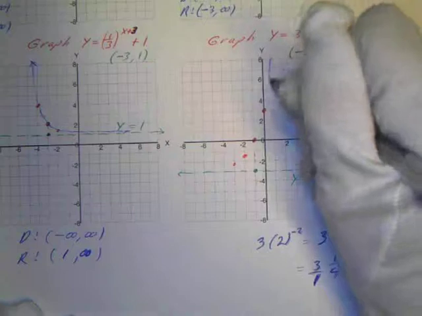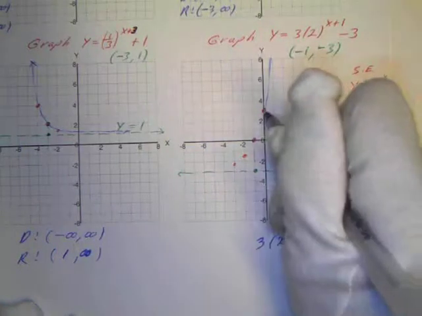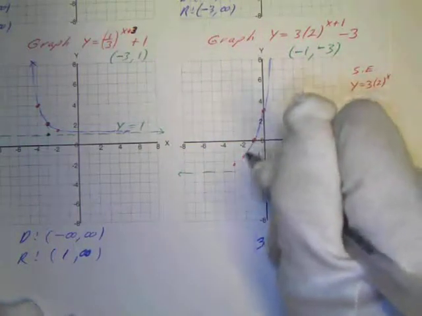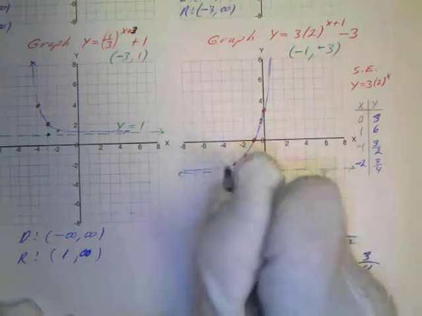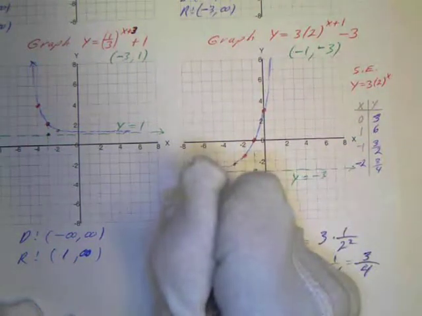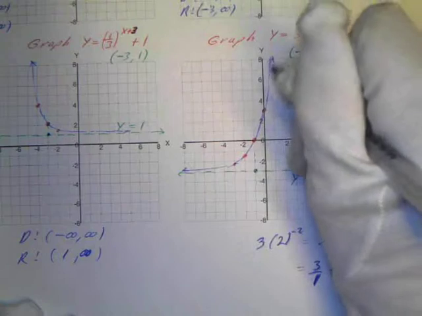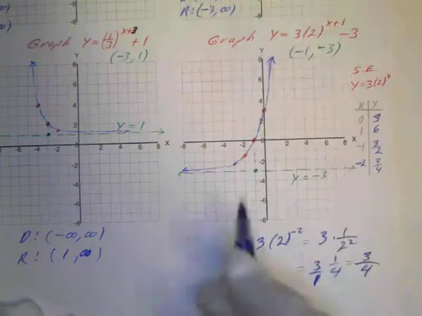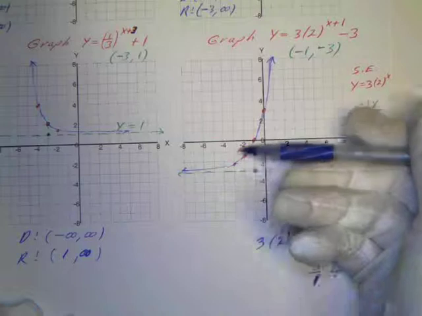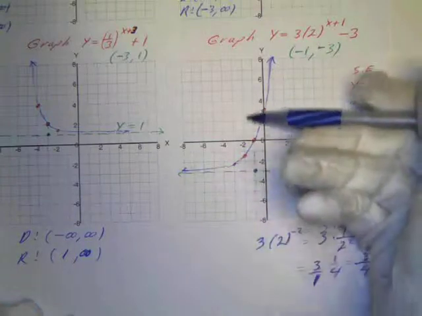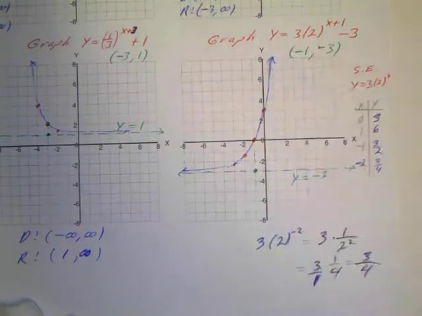So our curve will look like this. It's getting closer and closer to that horizontal asymptote, but it won't touch it. As I move to the right, the value of my function is increasing, or the vertical position is increasing, so it's exponential growth.